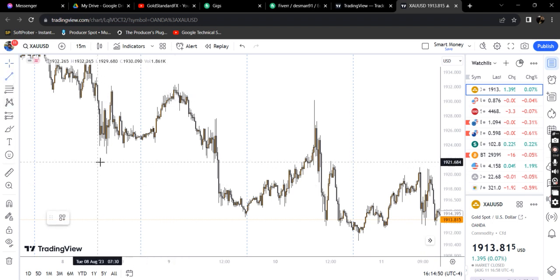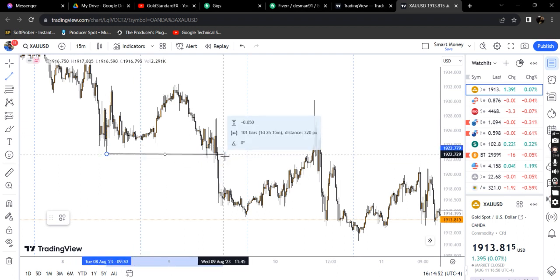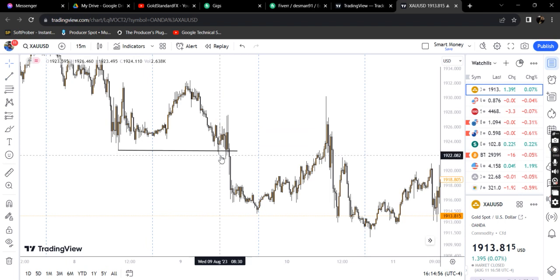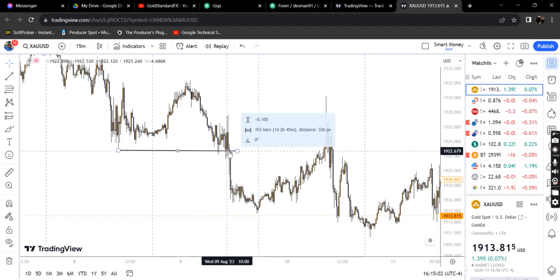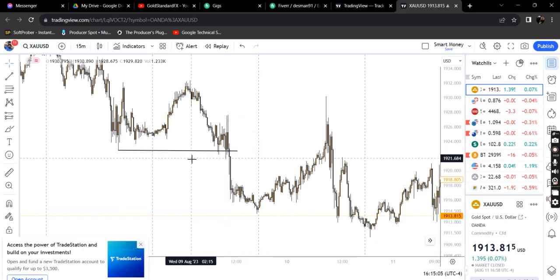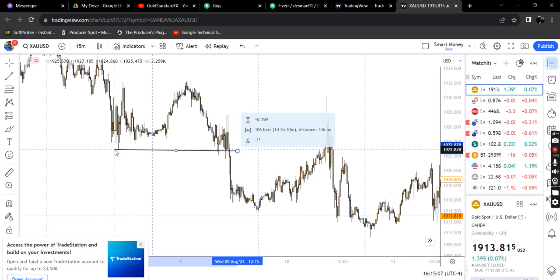We had a breaker structure, and for me, having a breaker structure, I like to see price actually close beneath that low. So the low was right here.